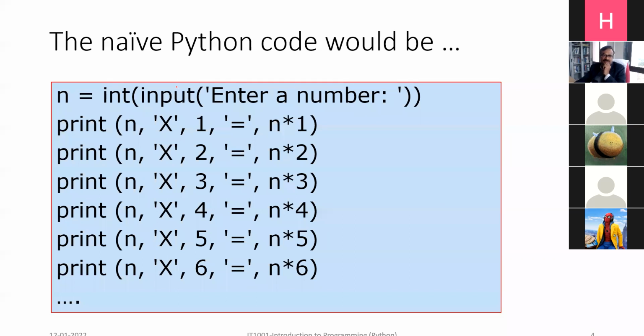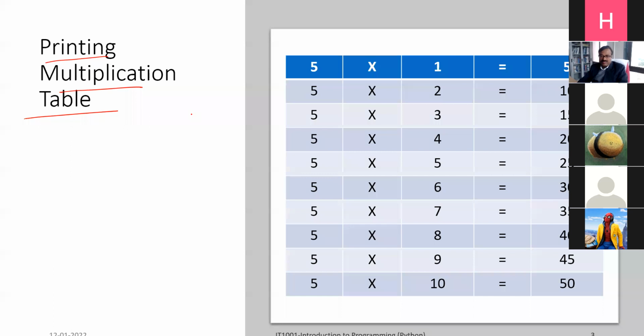A very simple idea is that we take this number, and we ask the user to provide which table I need to display. So you will get an input here, enter a number, and this number is stored in N. Then you're going to print all the elements of that table. The first element is N cross 1. This is what you're going to print: 5 cross 1 equal to 5, and 5 cross 2 equal to 10.